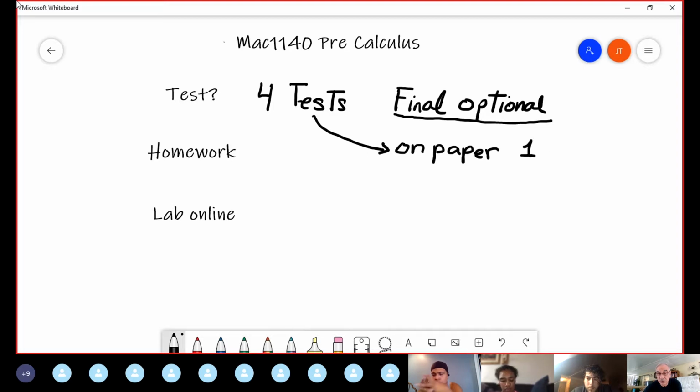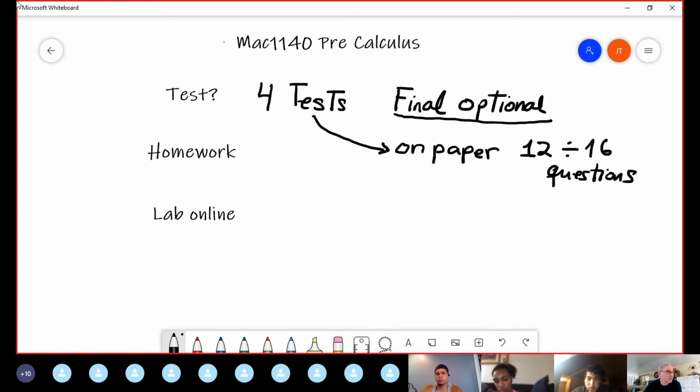A normal test has 12 to 16 questions. You solve them one by one, on one piece of paper or two, depending on the size of the question. You take a picture using your smartphone and send it back to me to be graded.